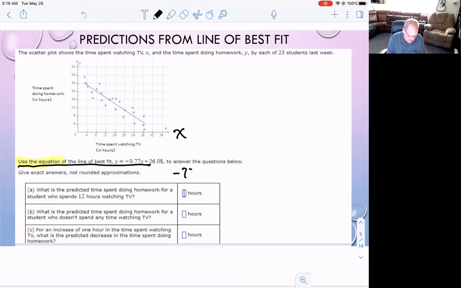So negative 77 times 12 plus 26.08. It gives me, I did something wrong. I'm working without looking at the screen, but looking at the buttons that I'm pushing instead.